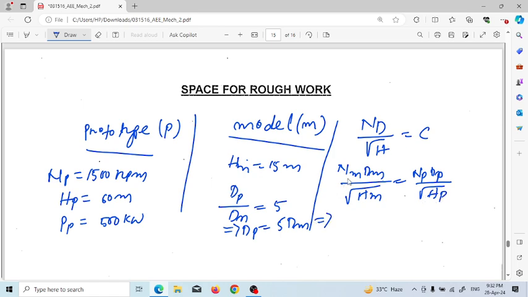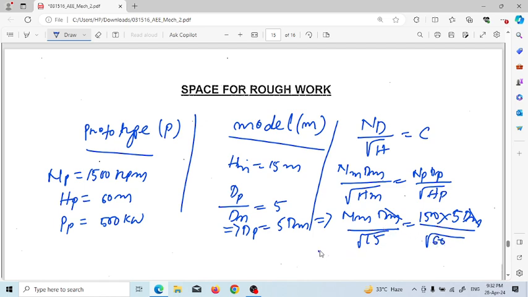Putting all the values, Nm we have to find, and Dm, and model head is 15, over root 15, is equal to Np given 1500, and Dp is 5 Dm, so Dm cancels, and root over Hp given 60 meter.